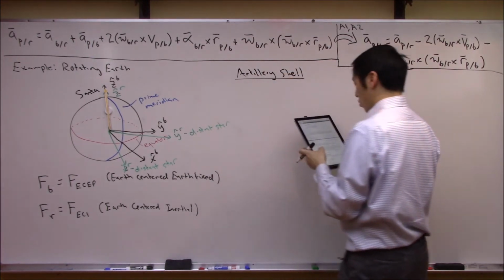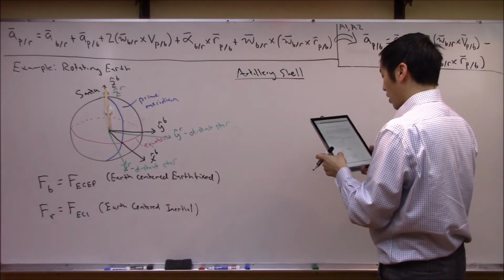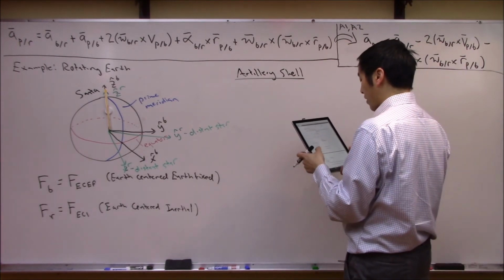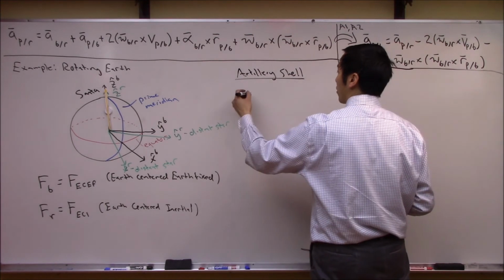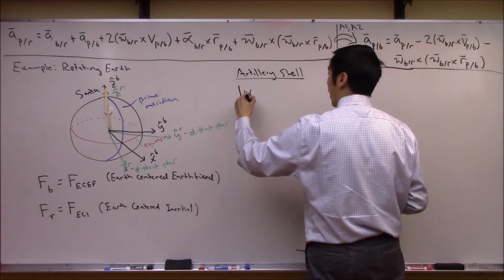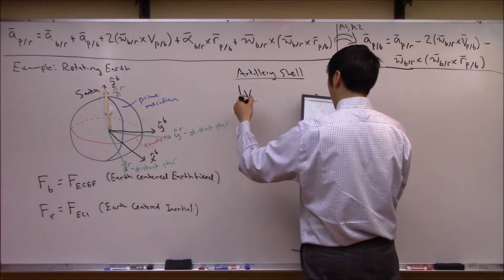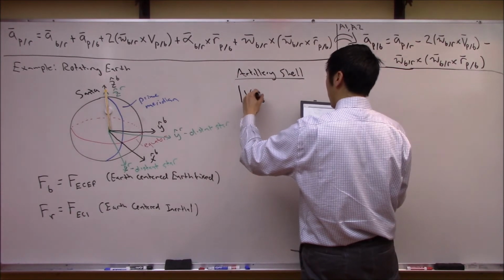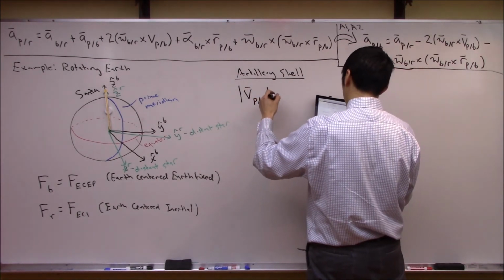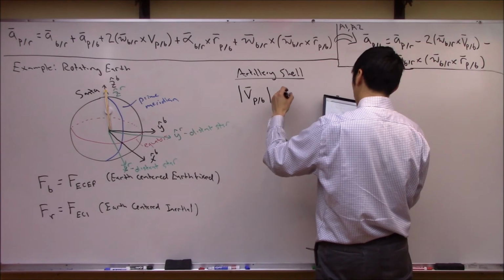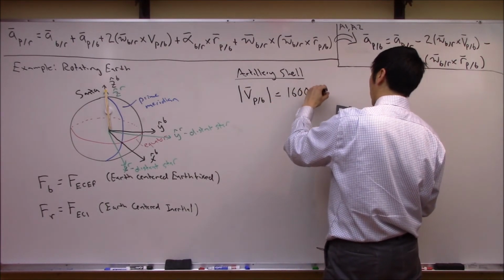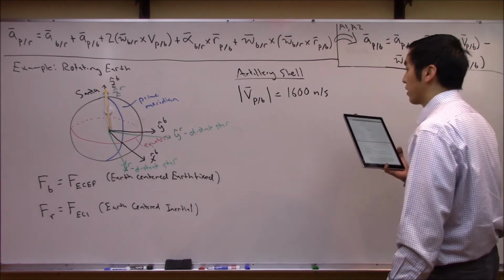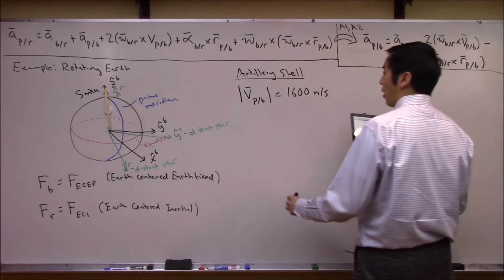We'll use this scenario, and let's assume the shell is fired with a velocity of P with respect to B. Its magnitude is, I just Googled what a typical artillery shell is, 1,600 meters per second. So blinking fast, pretty darn fast.